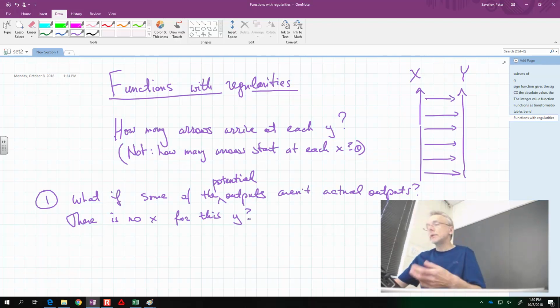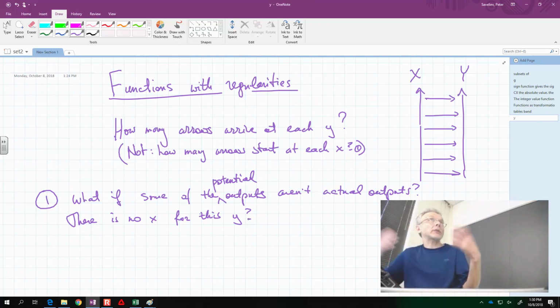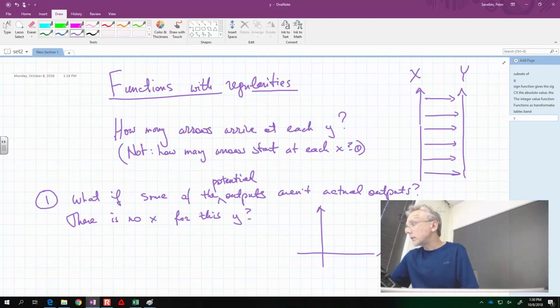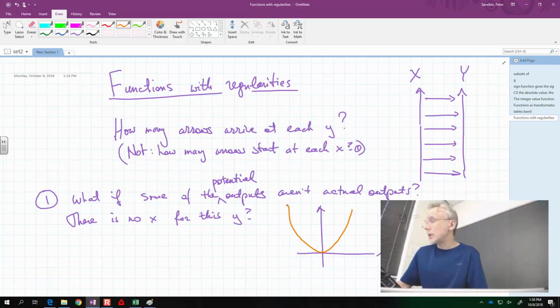Every time we speak of numerical functions and the range is not all real numbers, we are facing that situation. So y equals x squared is a particular example. As you can see, any value of y I pick here does not have a corresponding x. There is no x for this y.